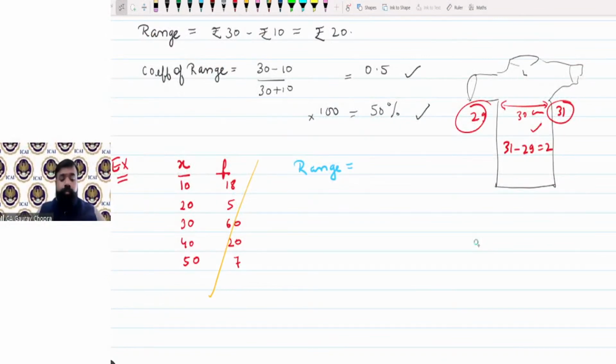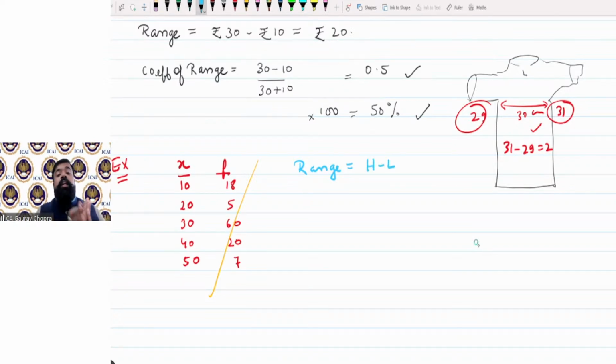Okay. Yes, guys. So there was some technical error. Now, we were discussing the discrete series. In case of discrete series, we don't have to consider the frequency. Why so? Because the formula for range is simply highest value minus lowest value.